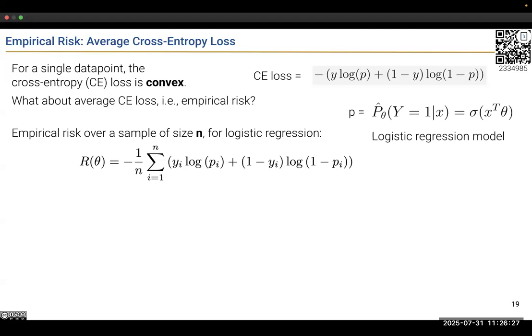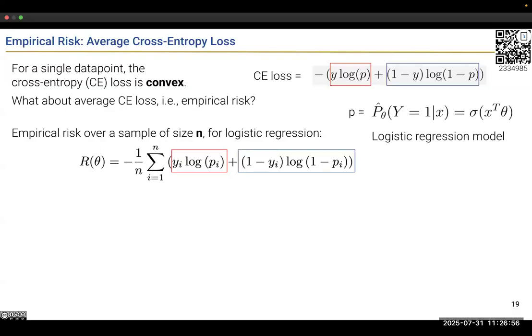We're going to average the cross entropy loss across all of the data points. So just be careful about that minus. There is a negative sign that's carried throughout, because when you take a log of a number that's less than 1, your log of that number is going to be negative. So the negative sign outside is going to combat that negative and make it positive.